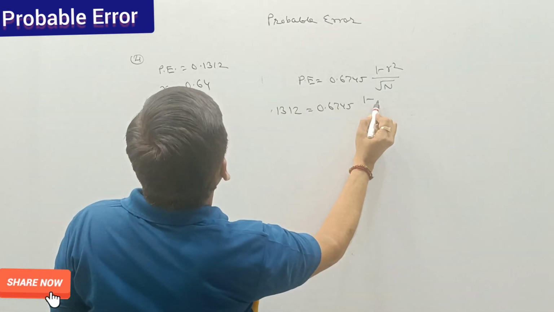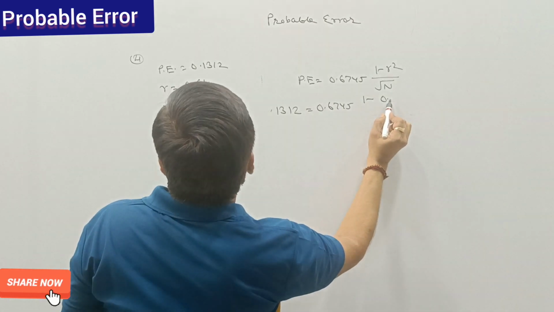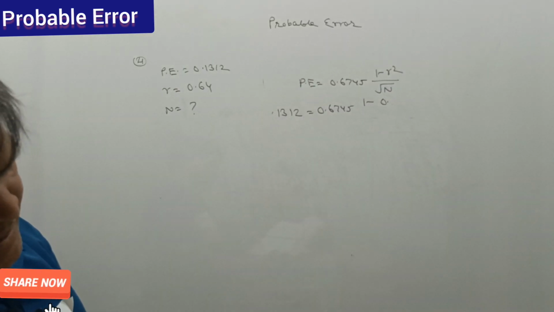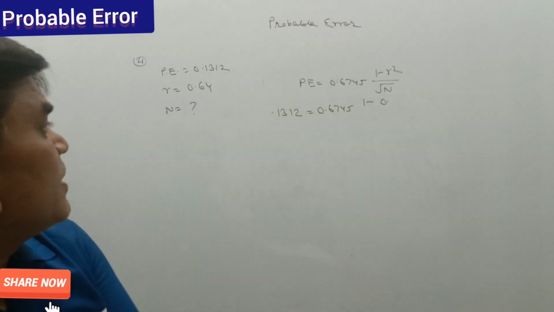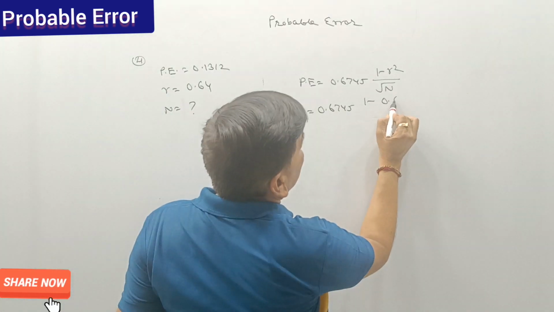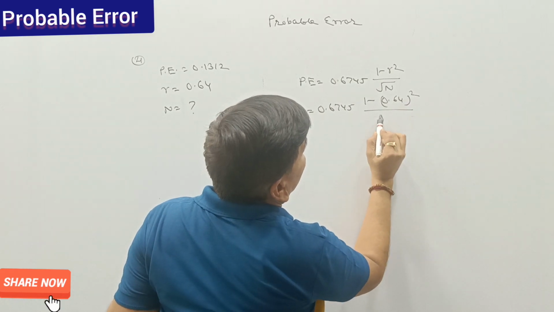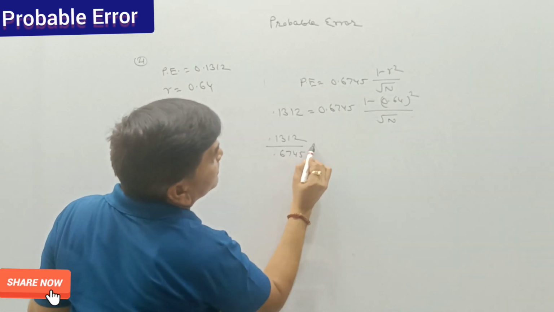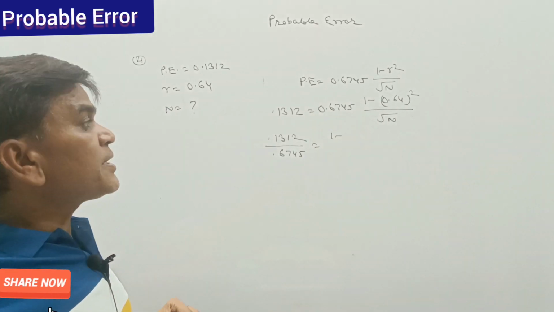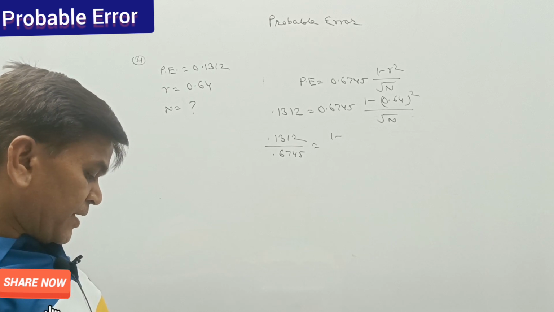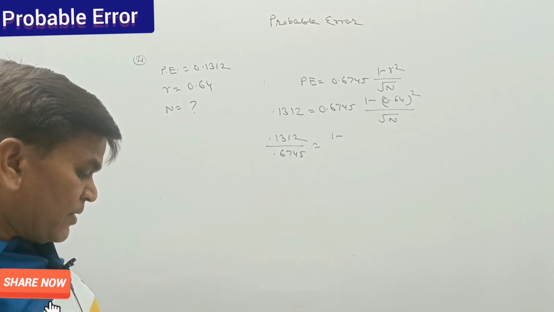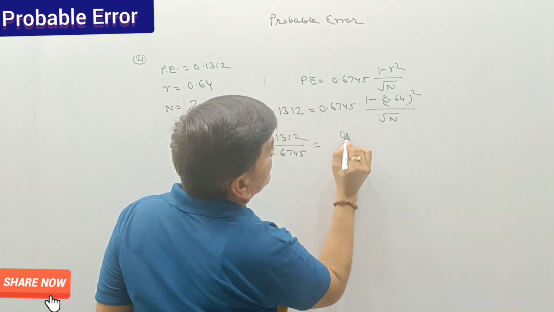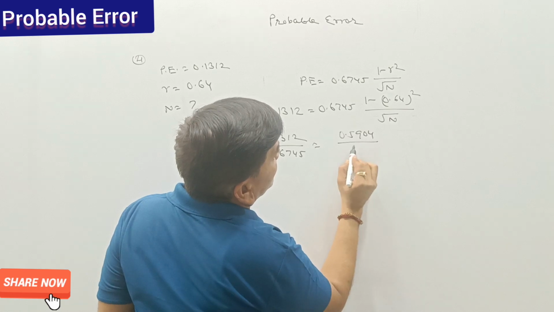0.6745 times 1 minus 0.64 squared. Is r square given or r given? Firstly we should check this. The value of r is given, no problem. So 1 minus 0.64 raised to power 2, divided by root n. So 0.1312 divided by 0.6745 times 1 minus 0.64 multiplied by 0.64, that is 1 minus 0.4096, which is 0.5904, divided by root n.